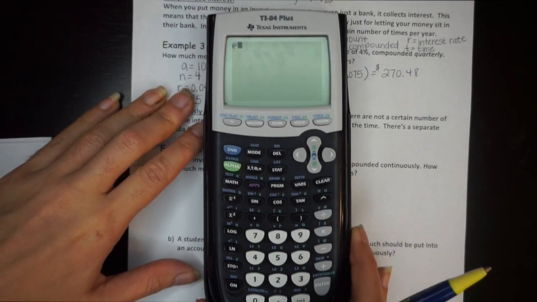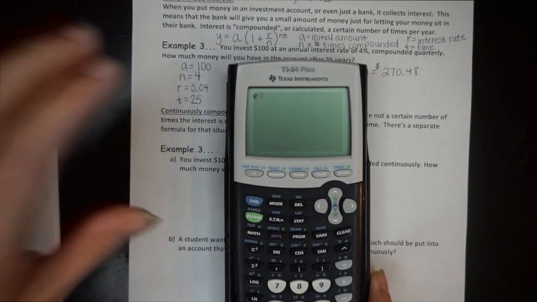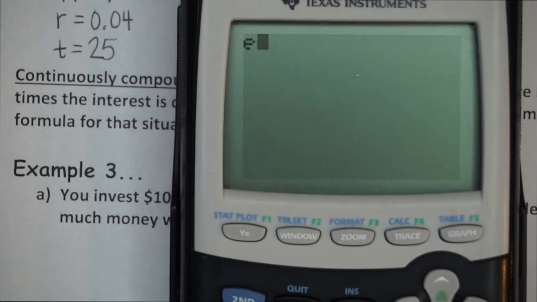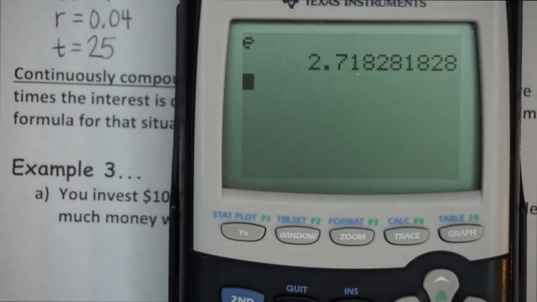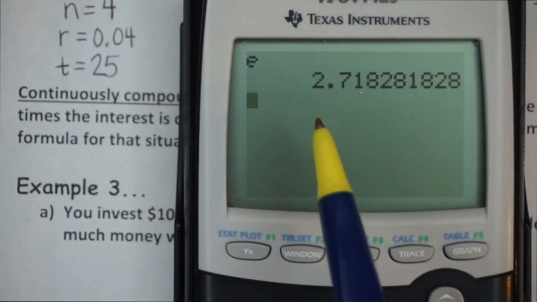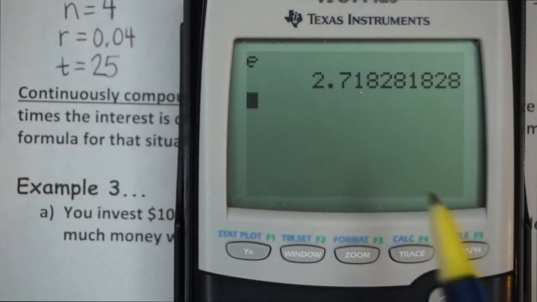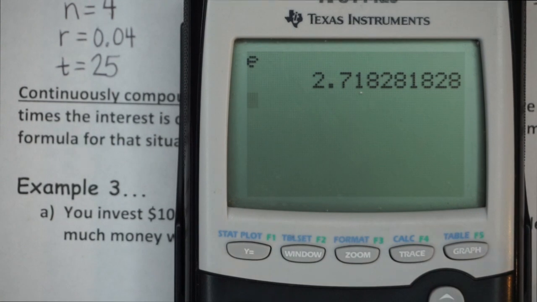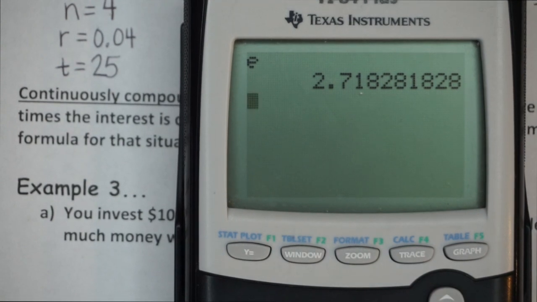So there's E, and I'm going to press enter so you can see. So E is about 2.7, and it does keep going on forever though, so it cuts it off obviously on the calculator, but we're going to be able to enter it just as E in our calculator.